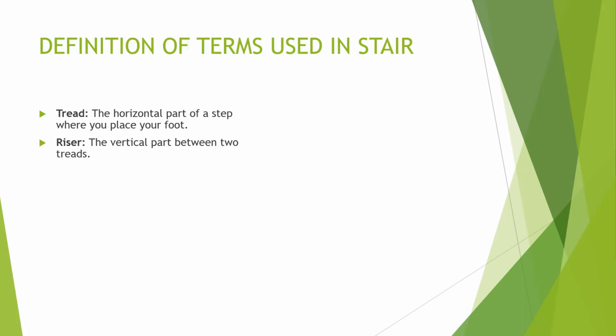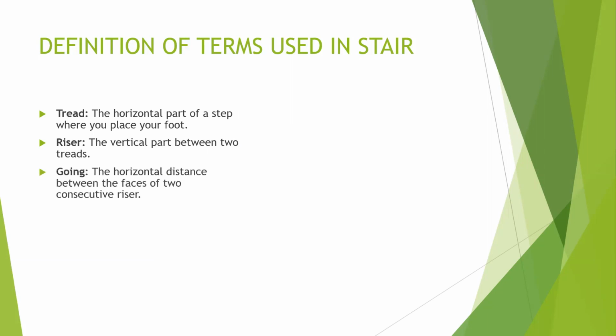So let's say in a stair there can be a lot of treads, and you place your right leg on the first one and your left leg on the second one. There is going to be a vertical part between the two treads where you are placing your legs. That vertical part is what is called a riser.